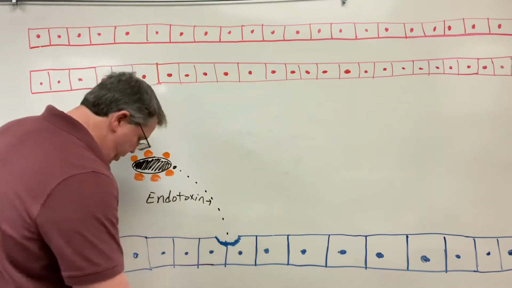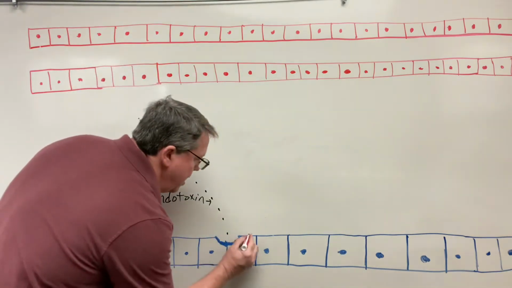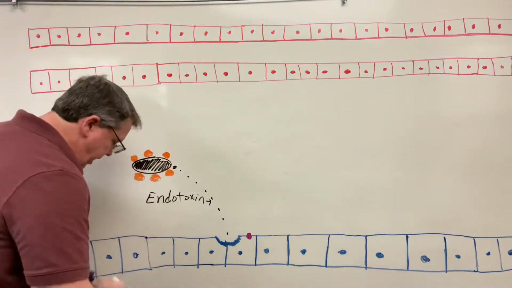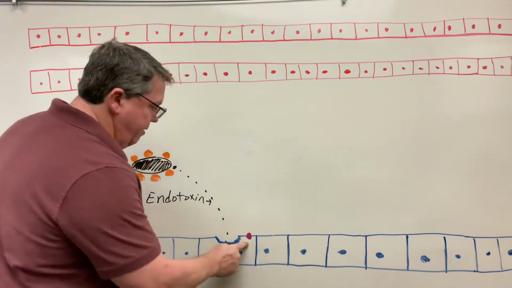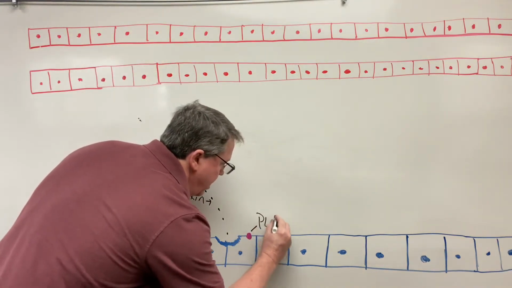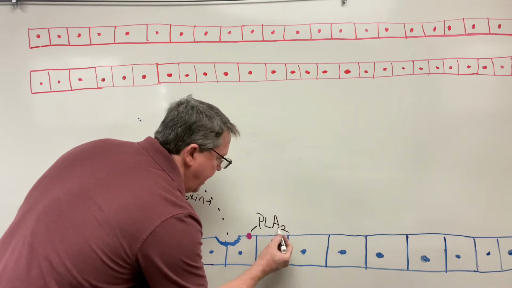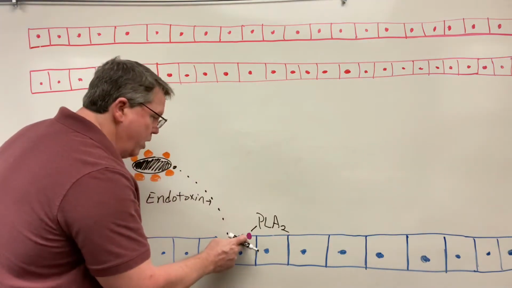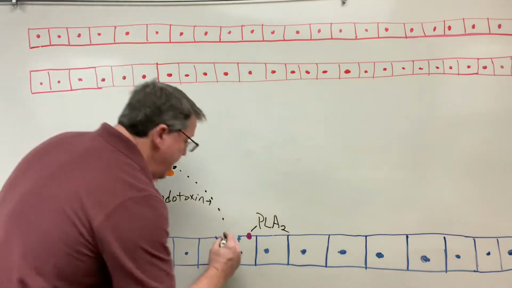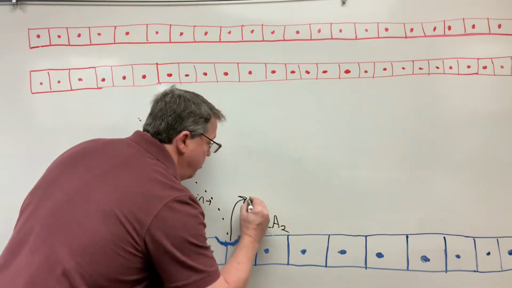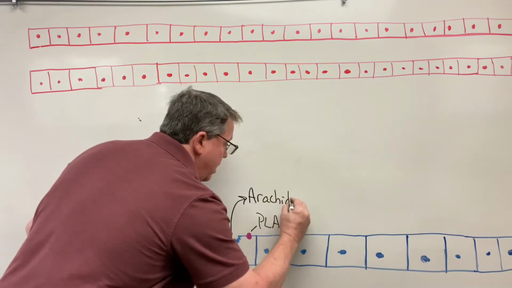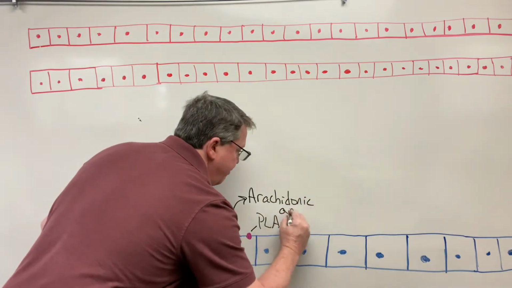What the cell's going to do is it actually has enzymes on the cell membrane, which are known as phospholipase A2. So this is my phospholipase A2, my PLA2, and that's an enzyme. What the enzyme will do is it will take the lipids on the cell membrane and turn them into what we call arachidonic acid.